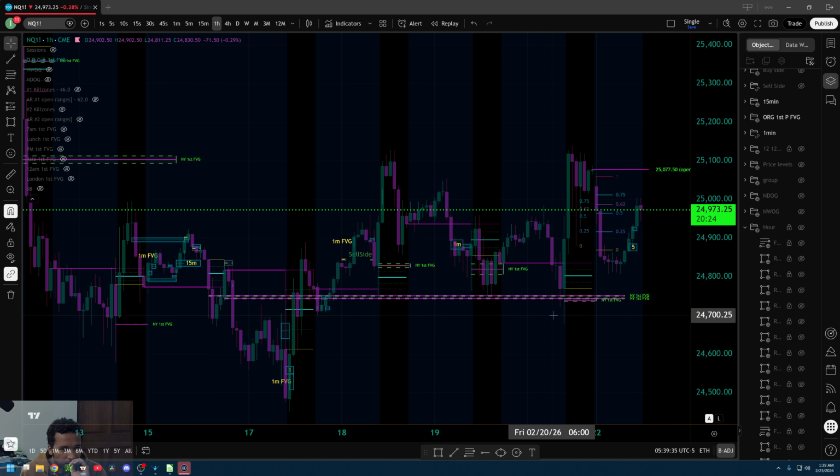Hourly chart. Before the PD arrays go on, it has been using the opening range gaps quite nicely. So Friday's opening range gap, wicks respect it, bodies respect the upper quadrant. Tonight's price action. Friday came down and used Tuesday's new week opening gap.